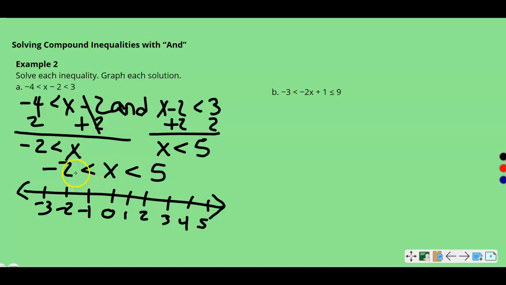All right, I need an open circle for both -2 and 5. And it's an and statement, so everything's going to be between -2 and 5. So all the numbers in between -2 and 5 are solutions to this compound inequality.